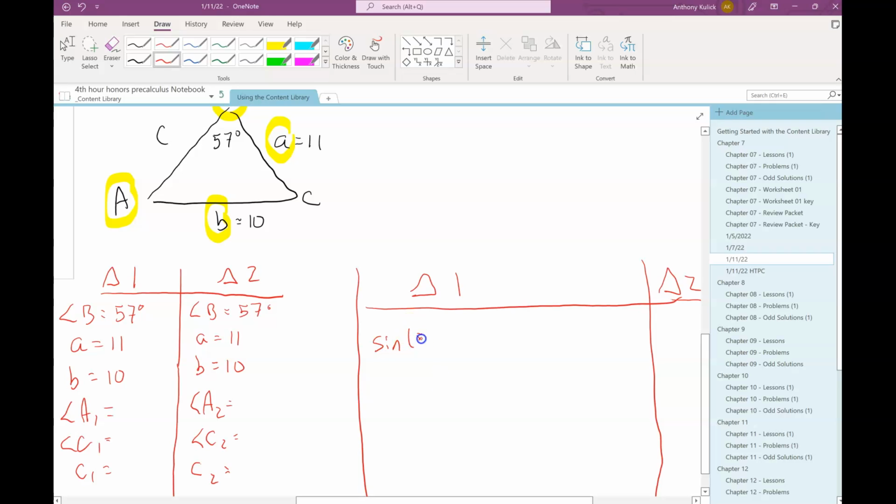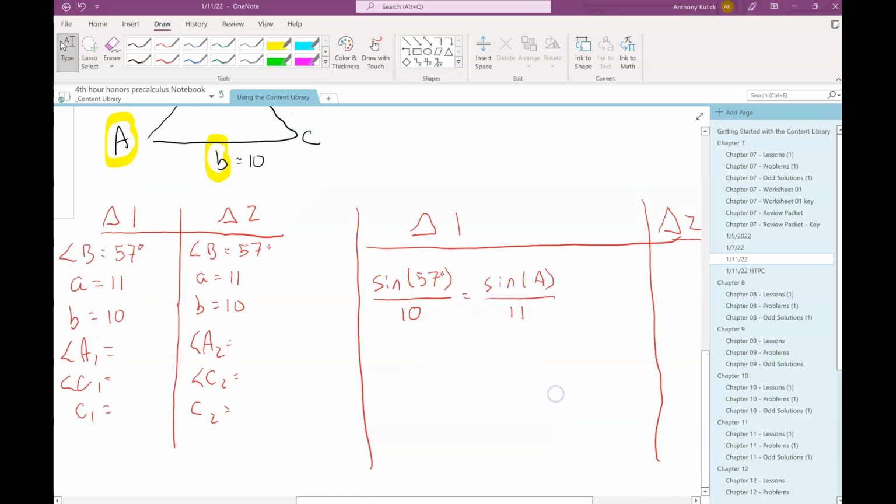So I'm going to do sine B over B equals sine A over A. Oops, B is 10. Yep. I'll cross multiply, so that gives me 10 sine A equals 11 sine 57.